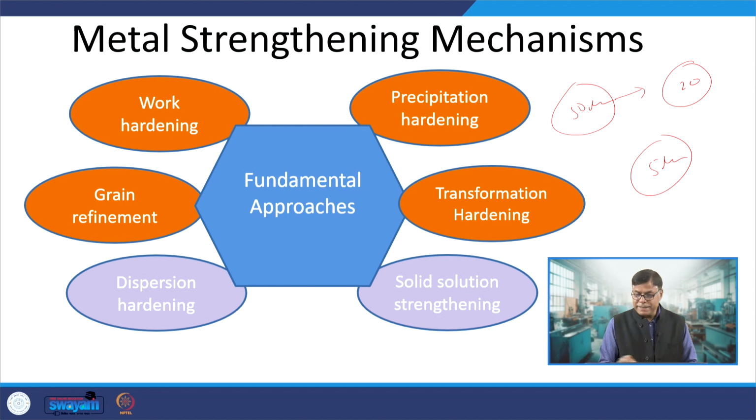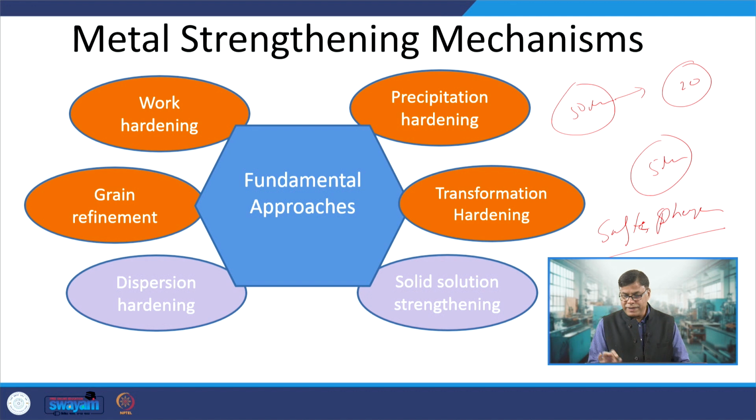But at the same time, if it leads to the formation of soft phases, like say earlier you had reasonably hard phases but of large size, then refinement coupled with the formation of soft phases will not lead to any significant increase in yield strength and hardness.